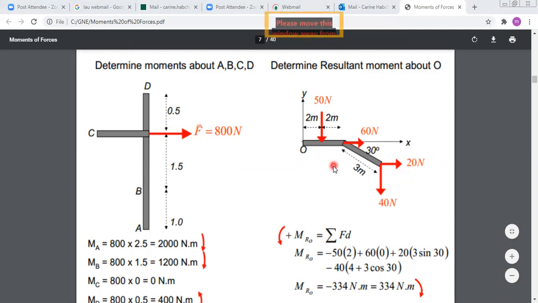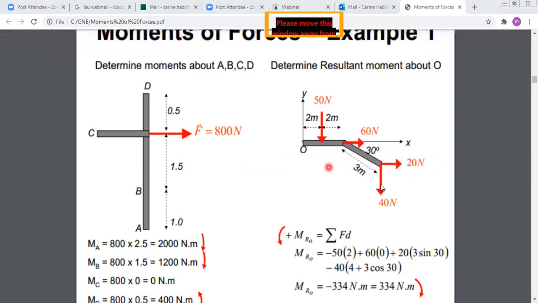So your four fingers along the 20 Newton force, and the face of your hand looking at O. If you try to rotate your hand, it will rotate in this direction, the counterclockwise direction. Okay?